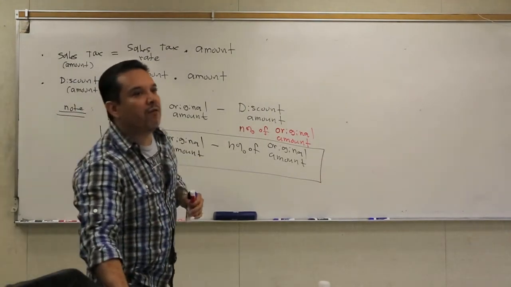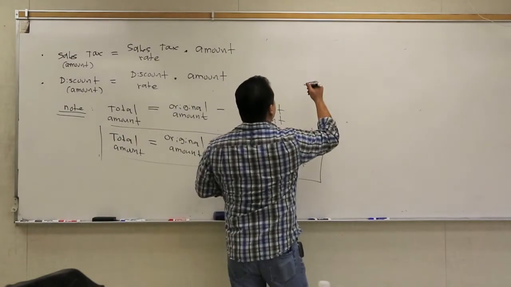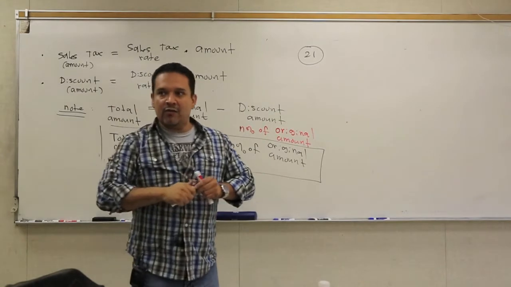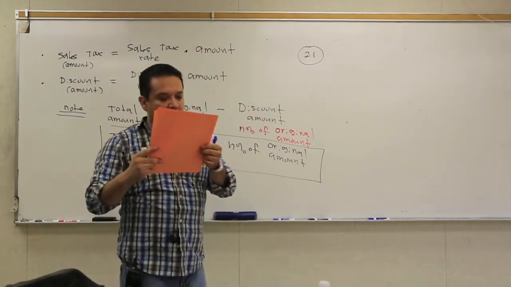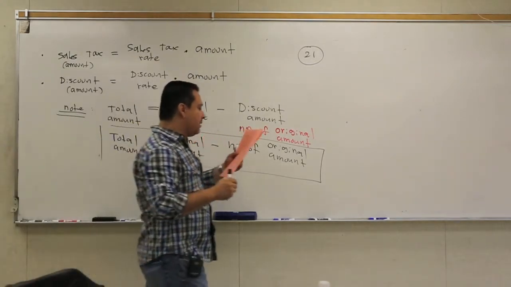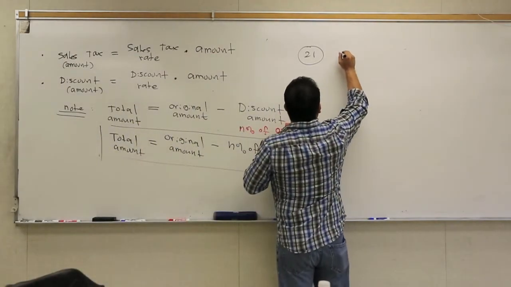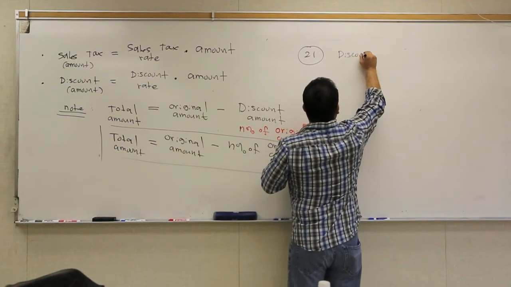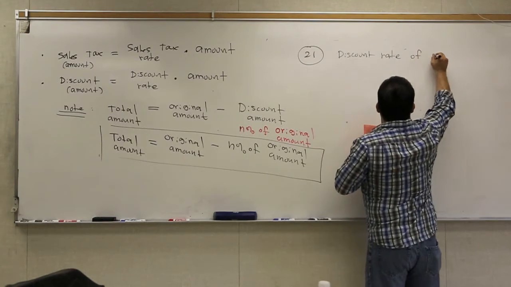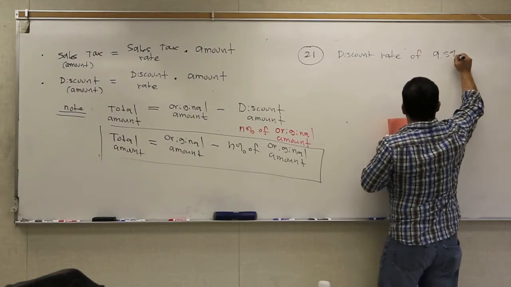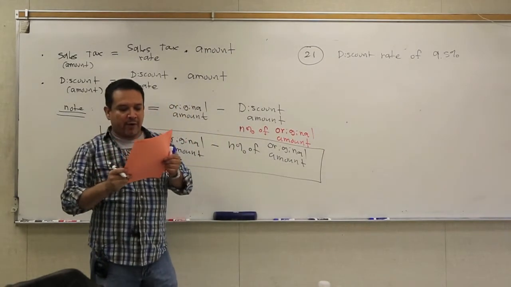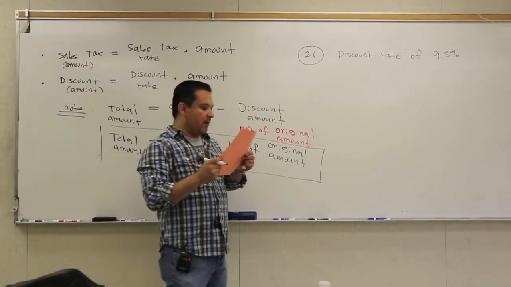Okay, let's look at number 21. 21 is an example of this sort of situation. So let's write down 21. 21 on the worksheet is after receiving a discount of 9.5%. So I'm going to write down, there's a discount rate of 9.5% on some bulk order of typewriter ribbons at John's Office Supply.